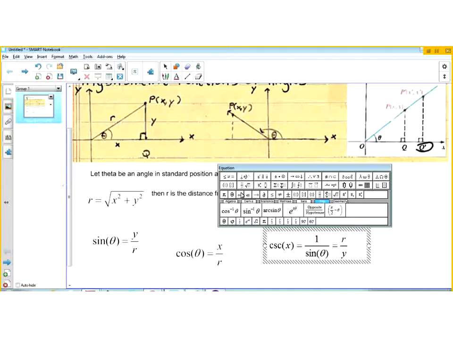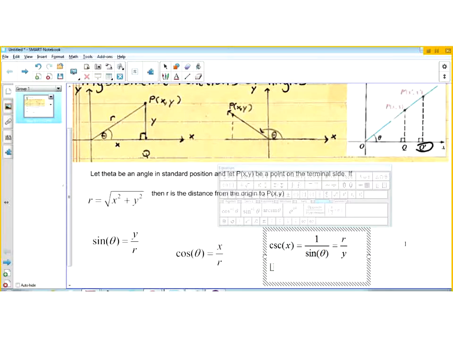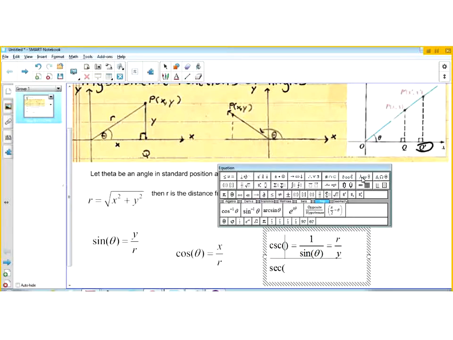And then we'll have the secant of theta. That should be theta, right?